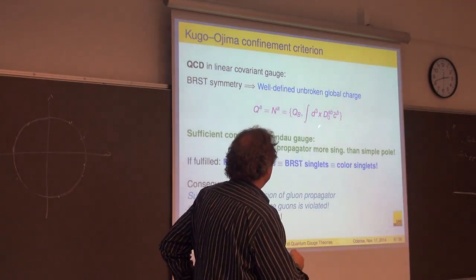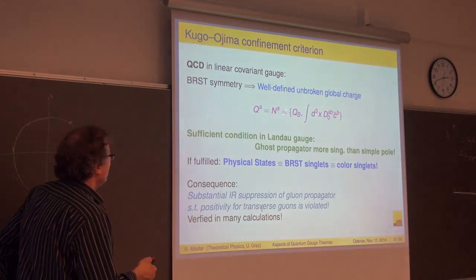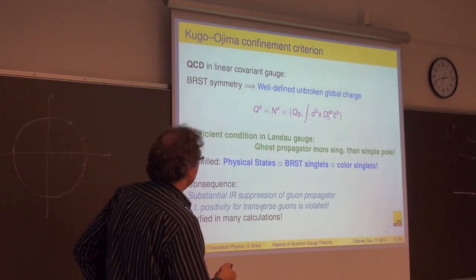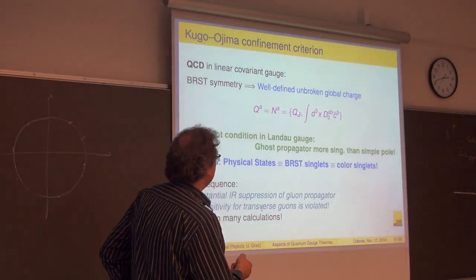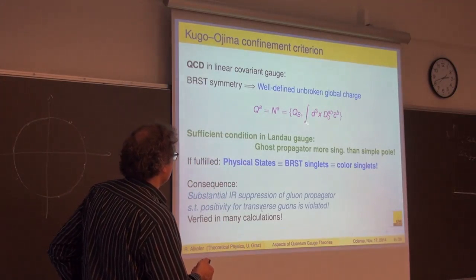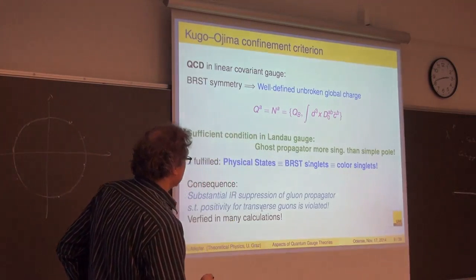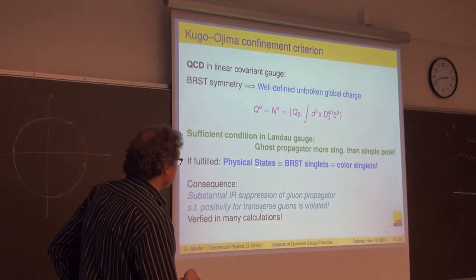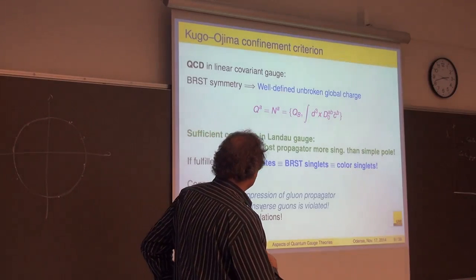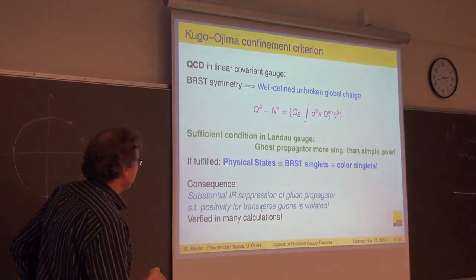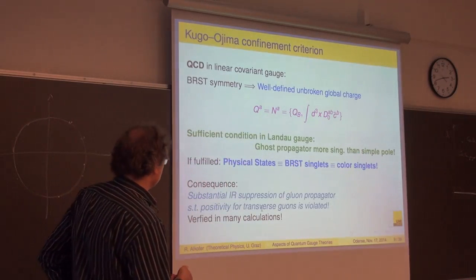So you get an astonishing condition from the well-definedness of the global color charge, the infrared behavior of a propagator, and then you get something which really feels and looks like confinement. All your physical states in the in and out state spaces are color singlets.